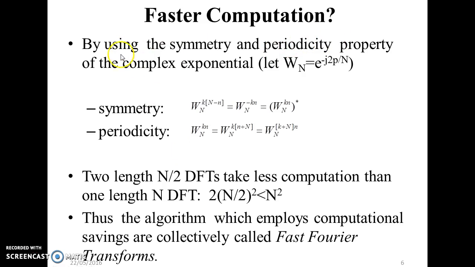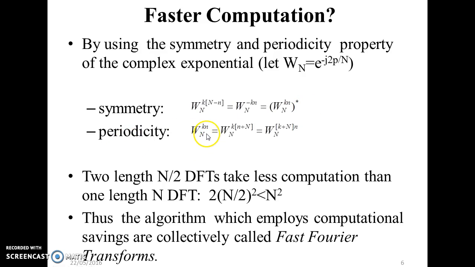Faster computation: by using the symmetry and periodicity property of the complex exponential, let WN equal to e raised to minus j 2 pi upon N. Symmetry property: WN raised to k(N minus n) equal to WN raised to minus kn equal to WN raised to kn complex conjugate.